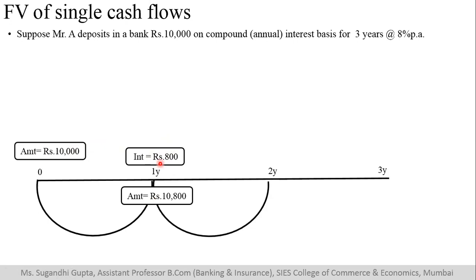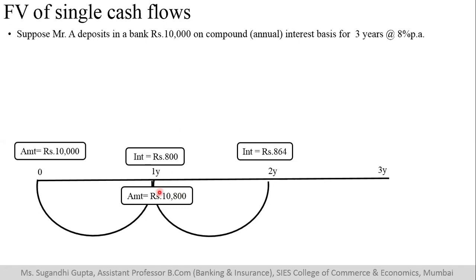Now after the second year, that is from first year to second year, again the interest should be calculated. So now the interest will be calculated on this 10,800. So you are basically calculating interest on the principal amount, and you are also calculating interest on the interest that you have received in the first year.